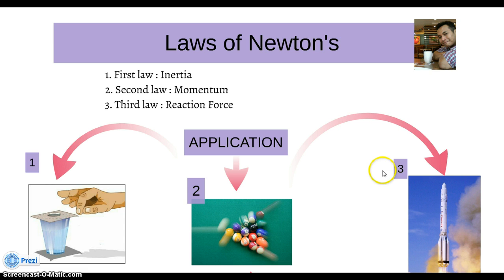The third law is the reaction force. Newton's third law says that the rocket will go upwards while the thrust goes backward. They move in different directions, but with the same magnitude of force.